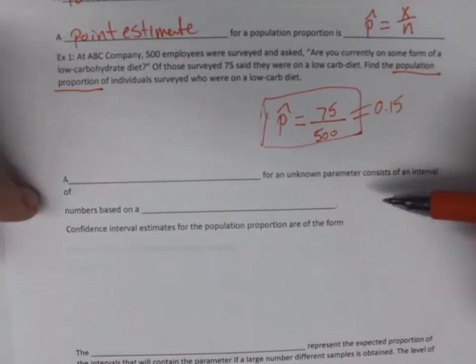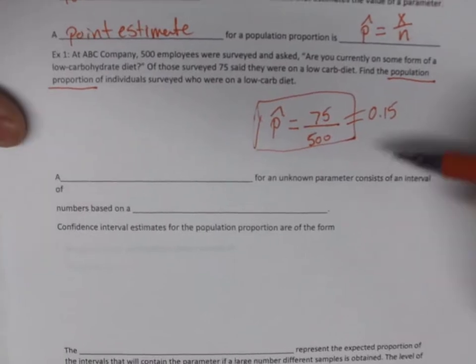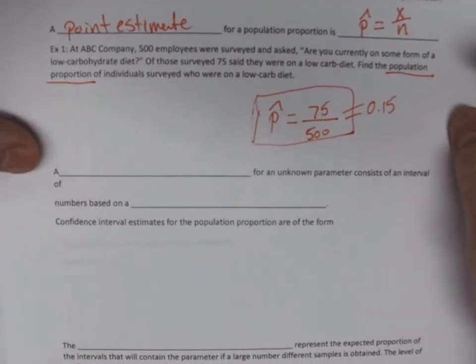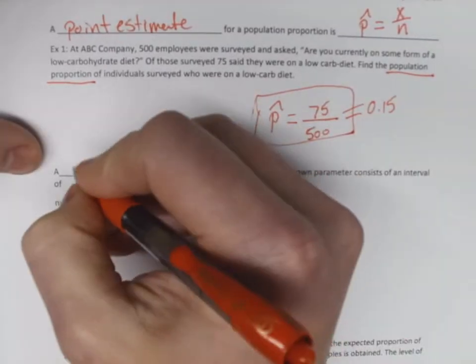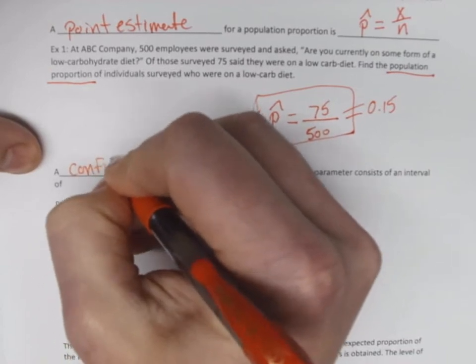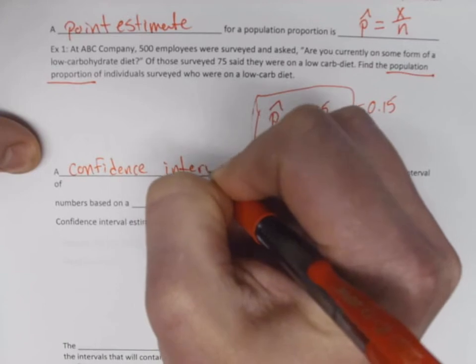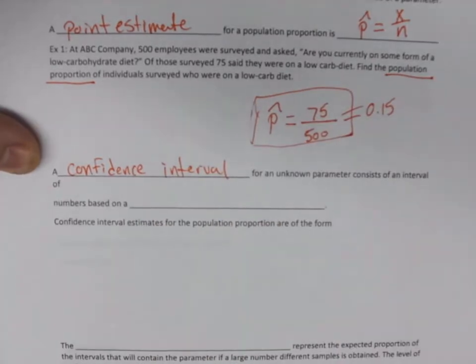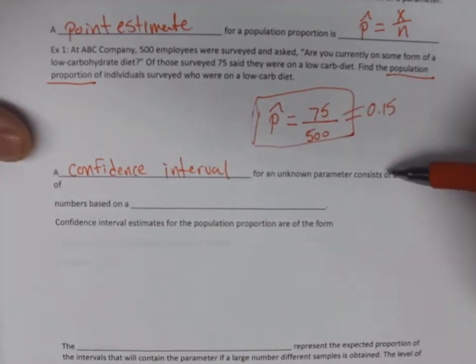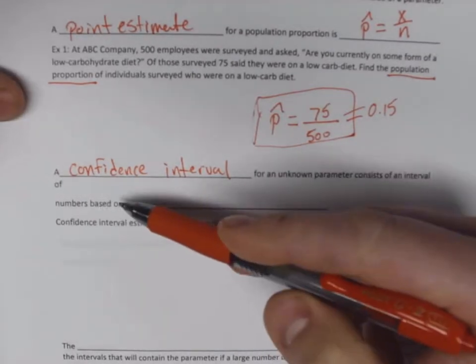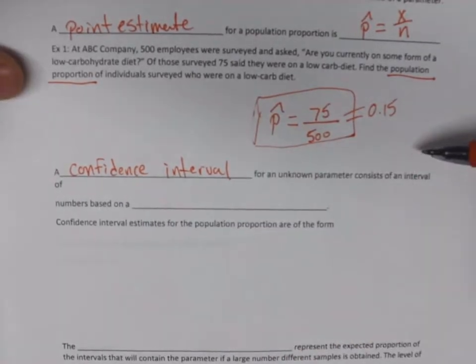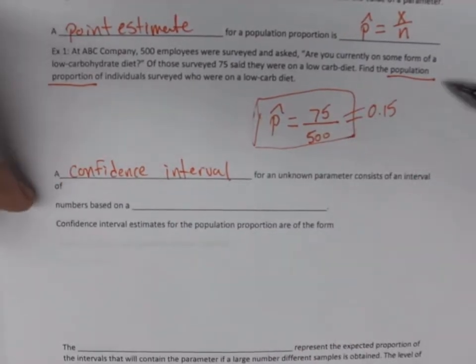All right, my line's kind of messed up when I printed here, so bear with me on this one. A blank, so a confidence interval. We're going to be talking about these a lot. A confidence interval for an unknown parameter consists of an interval of numbers based on a blank. So my line just kind of jumped down when I printed.